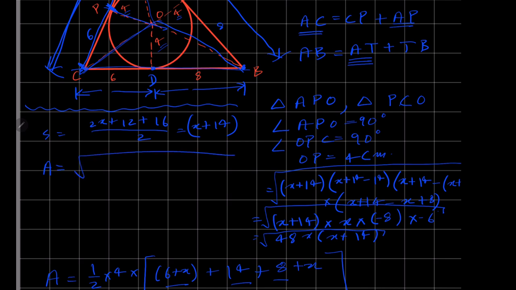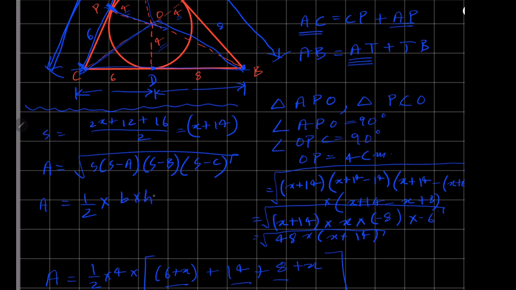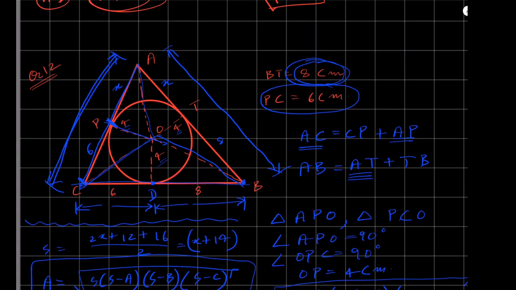One formula is square root of s(s minus a)(s minus b)(s minus c). And then another formula is a very usual formula, half into base into height for any triangle. So we will use these two formulas and then try to equate them so that we find the value of x. So x, I already told that these two are the same, which is unknown, so we have assumed that this is x.